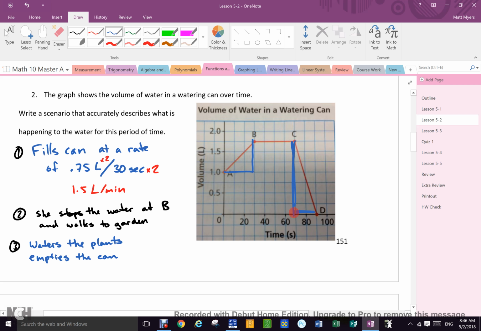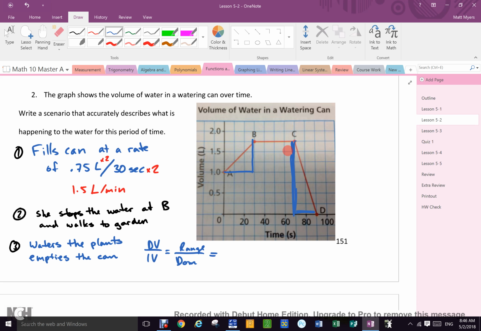Right? How could we figure out the actual rate? It's always dependent variable divided by independent variable. Or range divided by domain. So how much range was lost here? 1.75, correct?